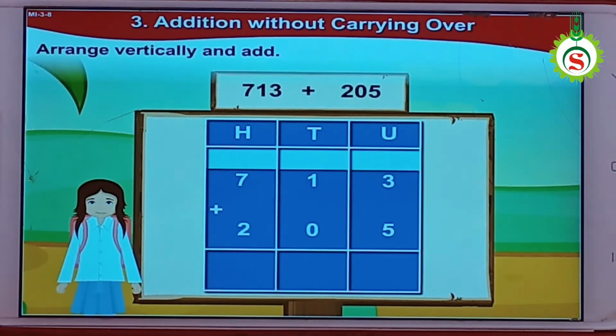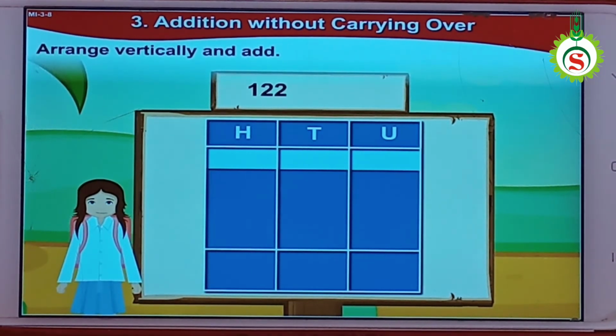Now let us begin the addition from the ones column. 3 units plus 5 units is 8 units. 10 plus 0 is 10. 700 plus 200 is 900. So the answer is 900, 10 and 8 units, which means the answer is 918.